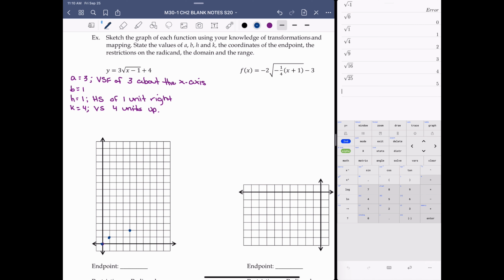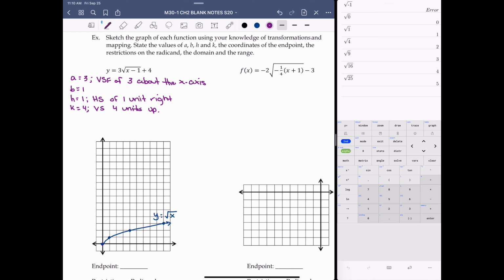Square root of 9 is 3. There's our base function, y equals square root of x. Now let's transform those points on that function using mapping notation, and then we can graph our transformed function.